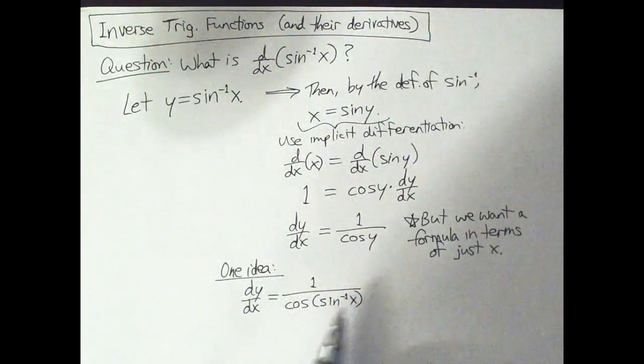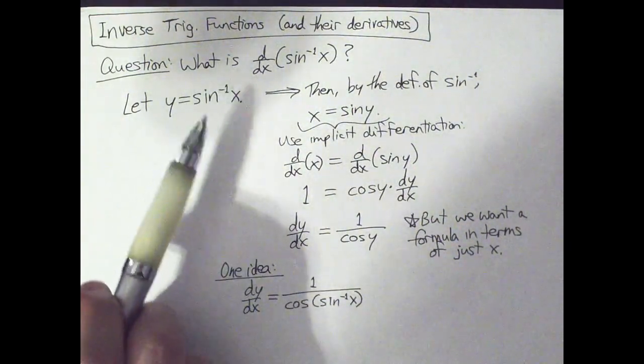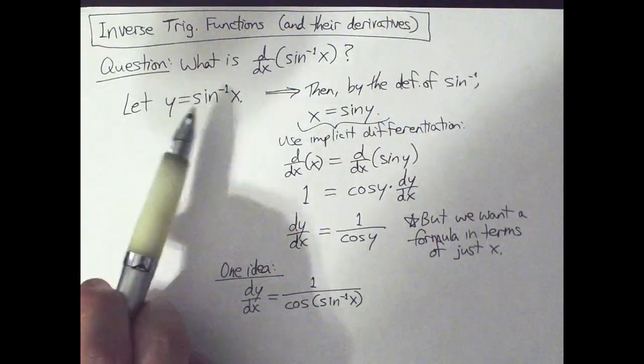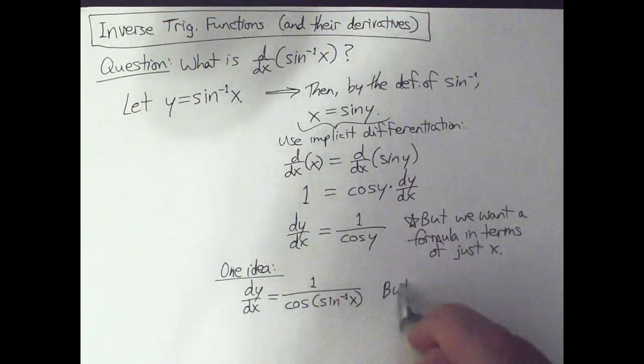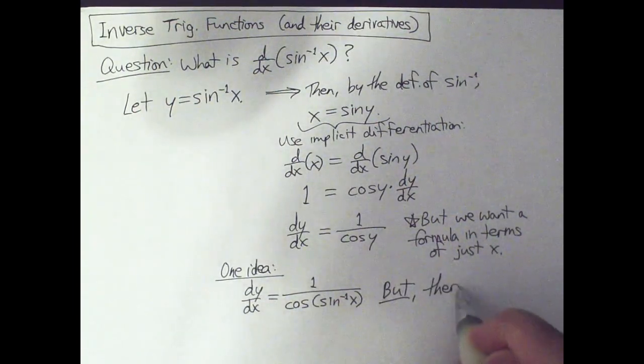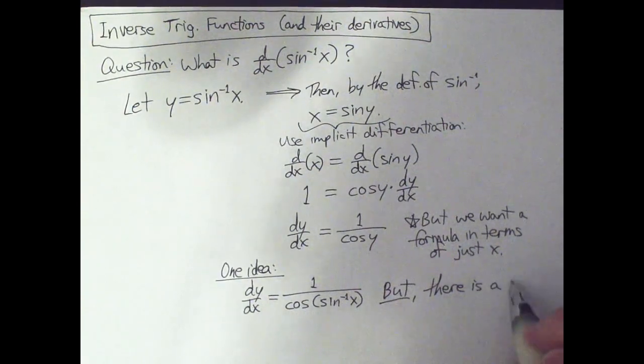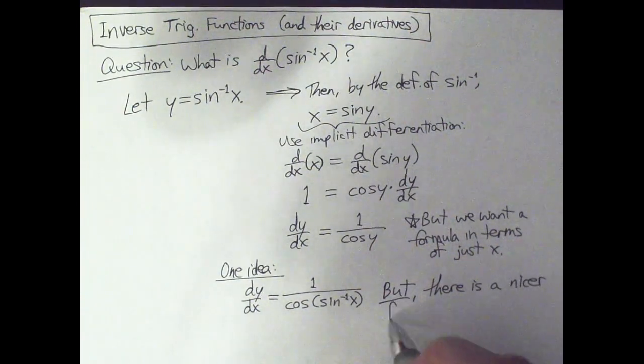See what I did? I replaced y with inverse sine of x because y is inverse sine of x. All right, but there is a nicer formula we can find.